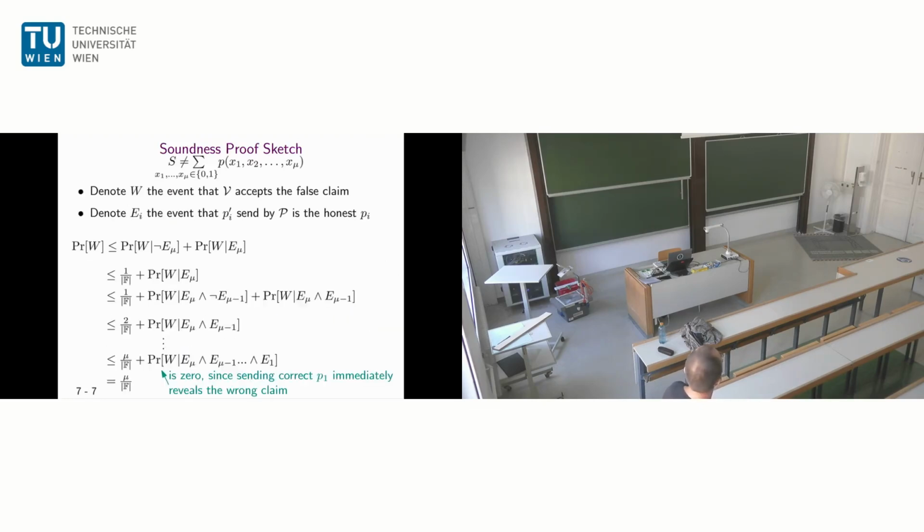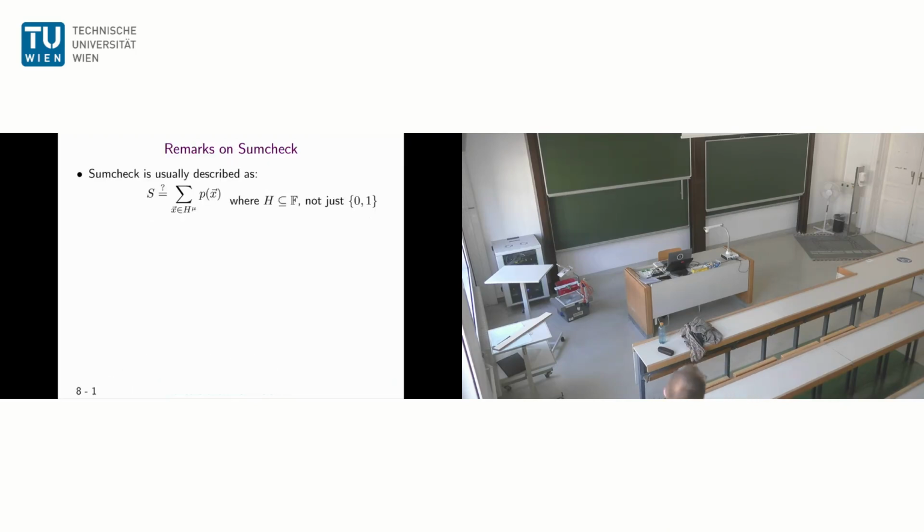Okay. So we can bound that term. We know the probability that the verifier accepts in this case is 0, and so we are left with the final claim. Super easy. You can improve the soundness proof, the tightness of this proof even further, but this is usually good enough. Because, yeah, mu will be small in comparison to the size of the field.